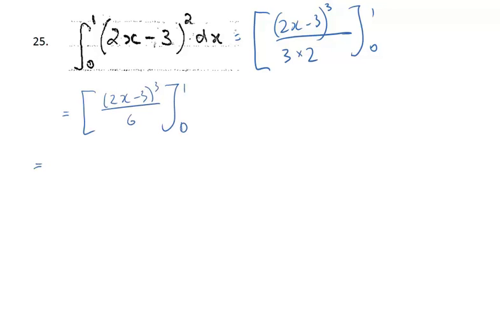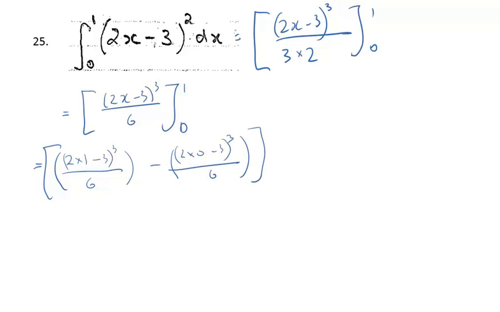So we can substitute this in. Here we've got 2 times 1 minus 3 cubed on 6 minus 2 times 0 minus 3 cubed on 6. So what we have, 2 times 1 is 2, minus 3 gives us -1 cubed on 6, minus 2 times 0 is 0, minus 3, so we have -3 cubed on 6.